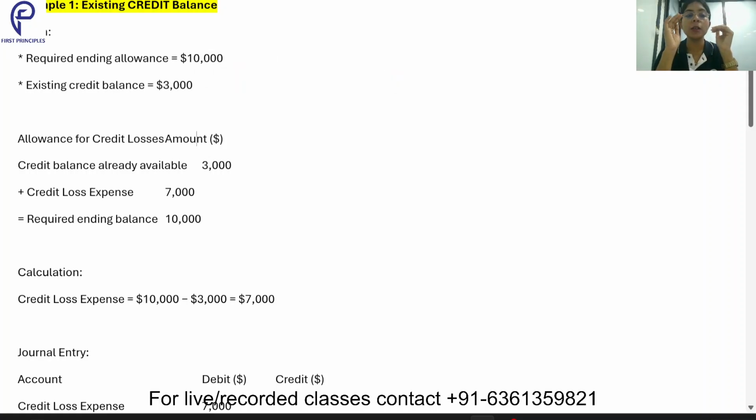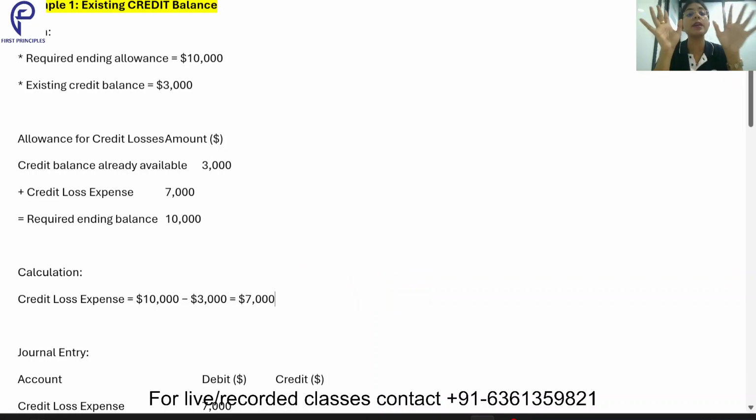That means I need to increase the amount by 7,000 bucks. So how will the allowance for credit loss amount be calculated? We take the credit balance already available, add my credit loss expense, and get my required ending balance. Simply, from my required ending balance, I have subtracted the existing credit balance, and that's how I got the 7,000 bucks.